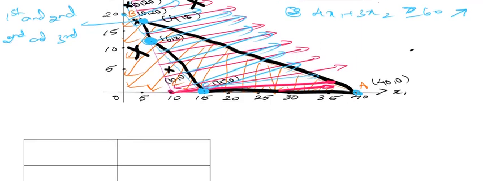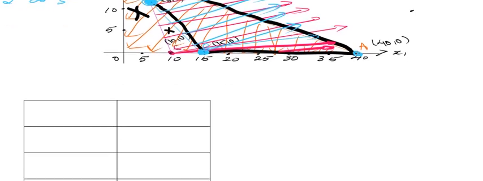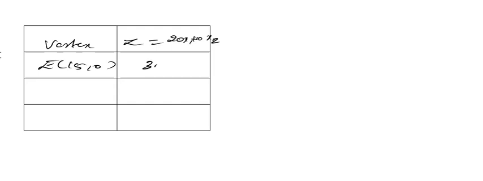So now all these vertices you have to write here. That completes your solution. So write vertex and objective function. So the question here is you are going to minimize the objective function. So we have E 15, 0. Kindly substitute and check, are you getting 300? A 40, 0.